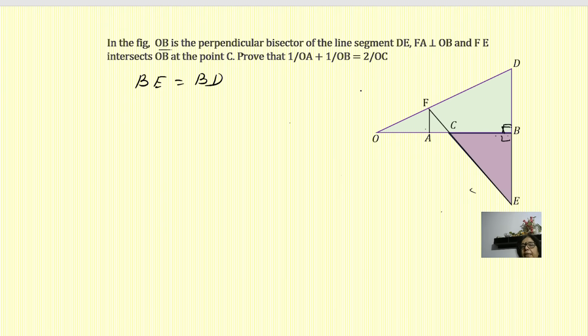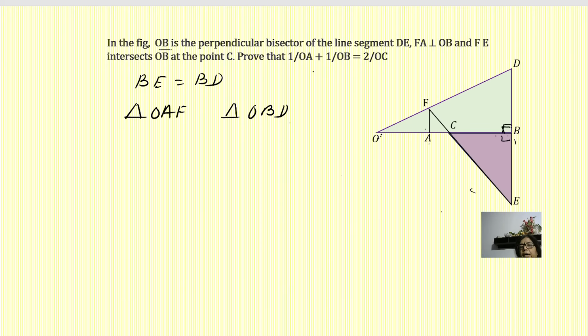Now, let me focus on what we have to prove: 1 by OA plus 1 by OB is equal to 2 by OC. So I'll consider the triangles where we get OA, OC, OB. I'll take triangle OAF and triangle OBD.